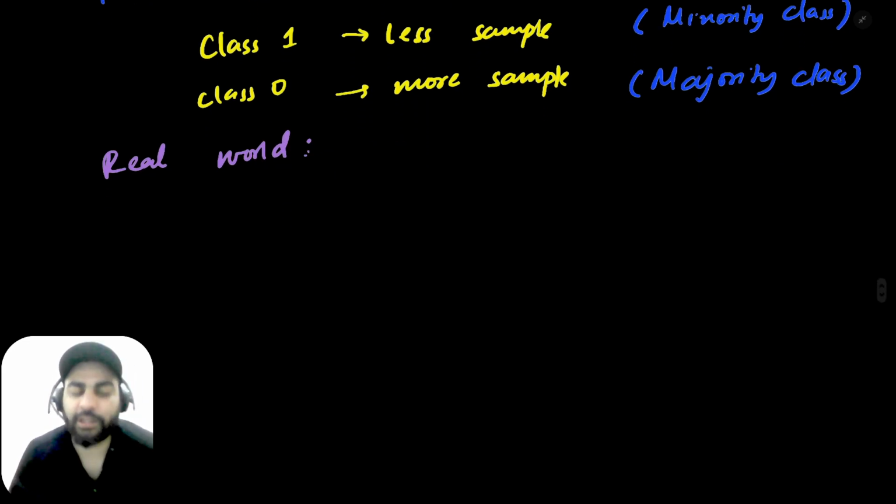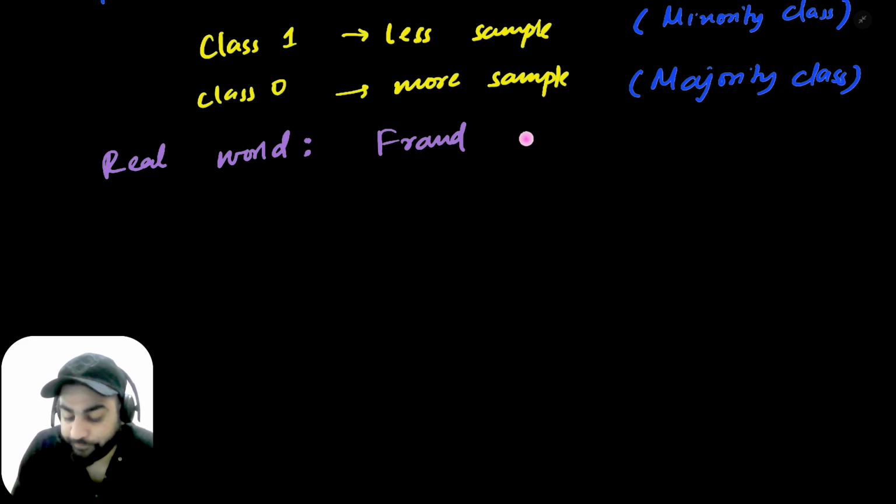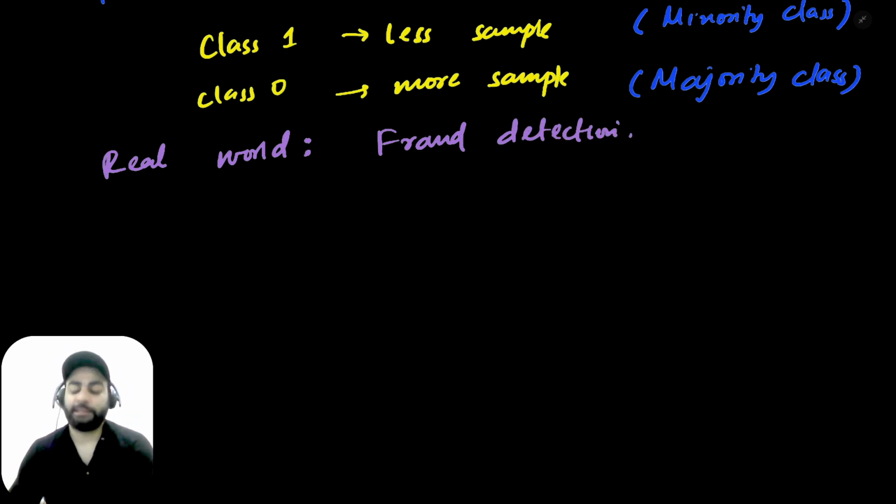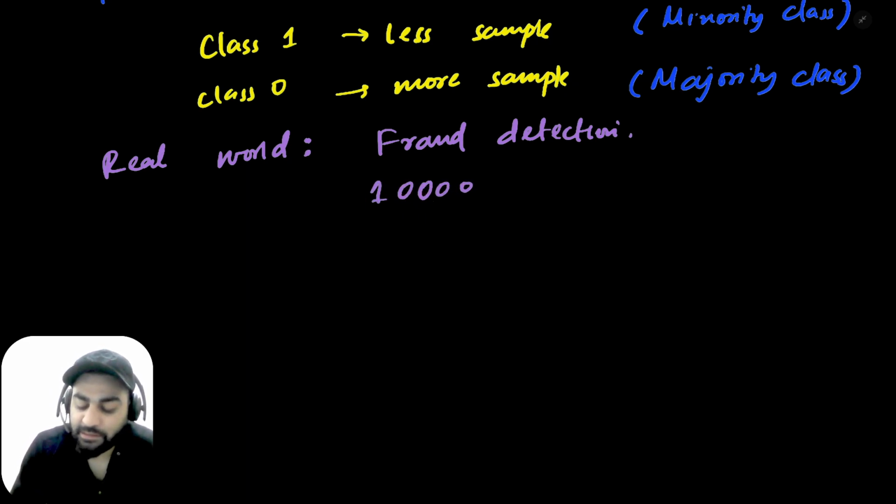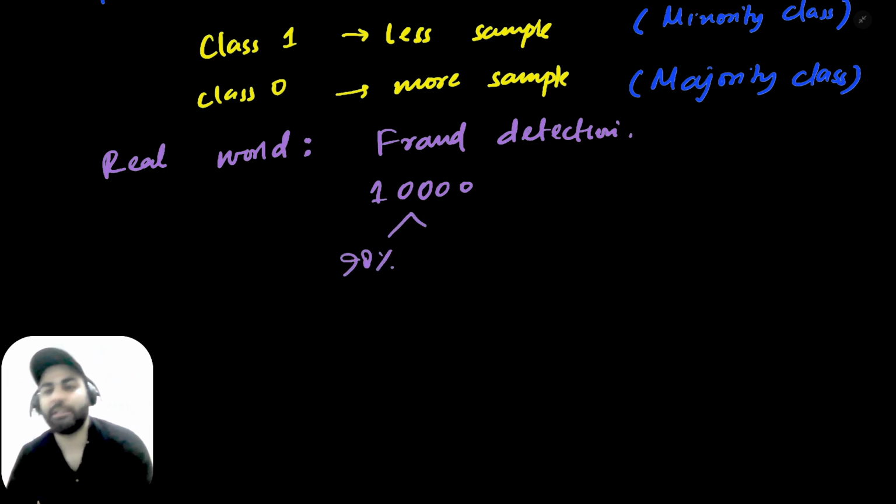If you are detecting fraud cases, for example, let's suppose you are working in finance for a bank and you want to classify fraud and non-fraud transactions. Obviously fraud transactions are very few. In my experience, if you have, let's suppose, 1 lakh transactions, I think 98% or more will be non-fraud, fair samples.